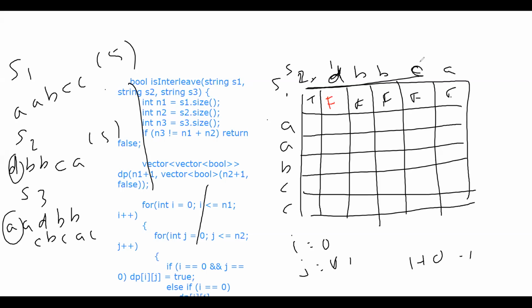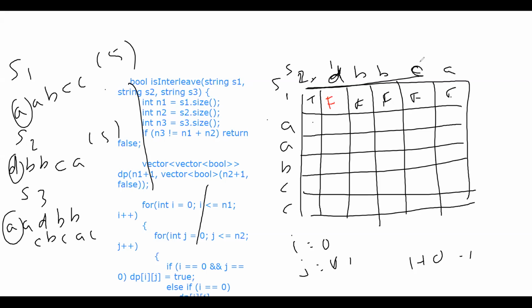In that case, now when I come for this particular one, my J is 0. So when my J is 0, I'm going to compare with string S1 for this particular case. So now this is A, correct? So my string A and this both are there.